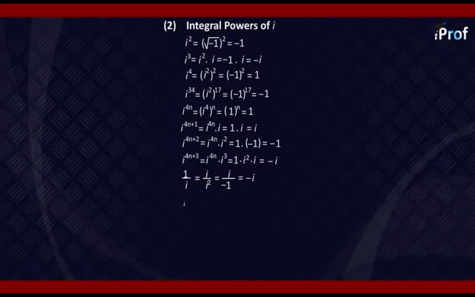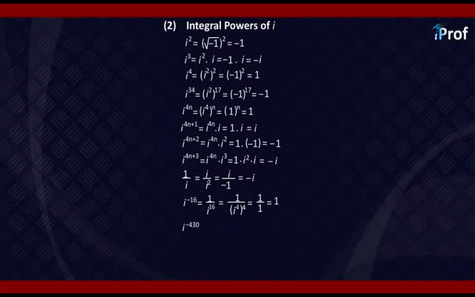Let's take up iota raised to power minus 16, which is 1 upon iota raised to power 16, which is 1 upon, again, iota raised to power 4 whole raised to power 4. Iota raised to power 4 is 1, so it is 1 raised to power 4 in the denominator, so its value becomes 1.